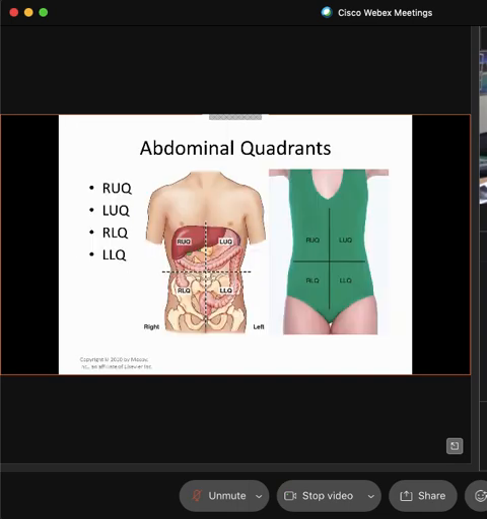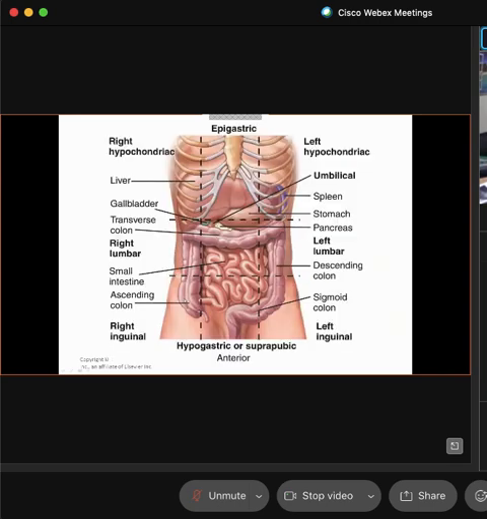Okay. All right. So, abdominal quadrants. We have 4 of them. As Betty mentioned, we talked about the right upper quadrant. But now we're in the abdomen. You have the right upper quadrant, left lower, and right lower. There are also different regions. We have 9 of them. The right and left hypochondriac, which is right below the ribs.